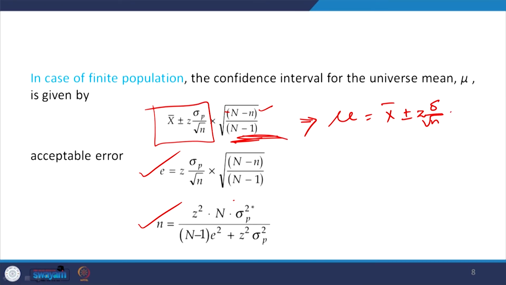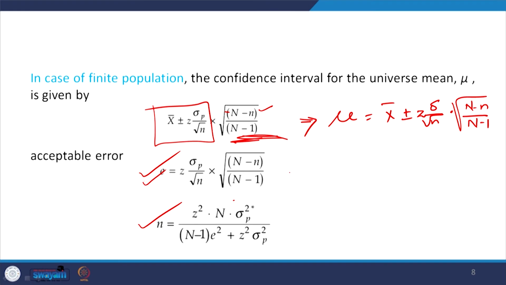Now we are actually multiplying the proportion, not probability, the proportion of non-inclusion, and that is square root of capital N minus n divided by capital N minus 1. Okay, so this is multiplied, and now our error term, I mean margin error, is actually explained by this.